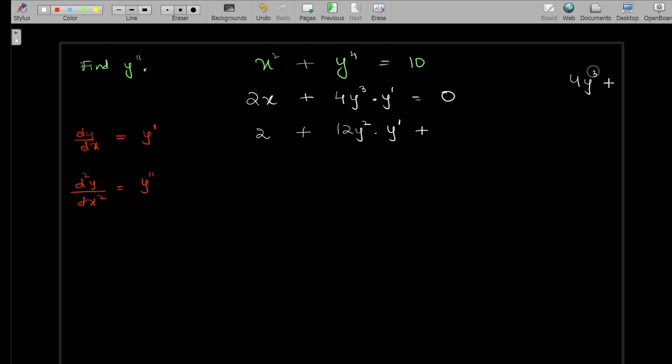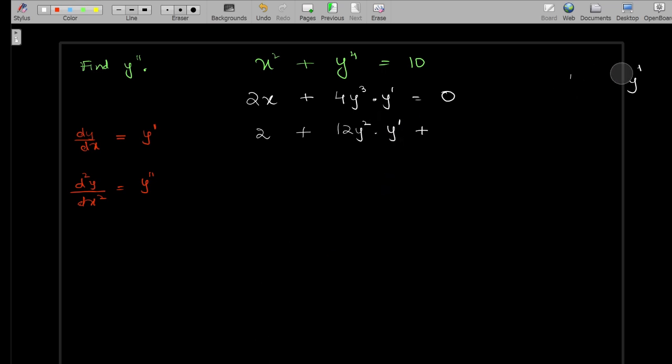This is product of two functions, right? Not y cube, y prime. By now it should come to your mind that since this is a product of two functions, first we are finding derivative of this function.